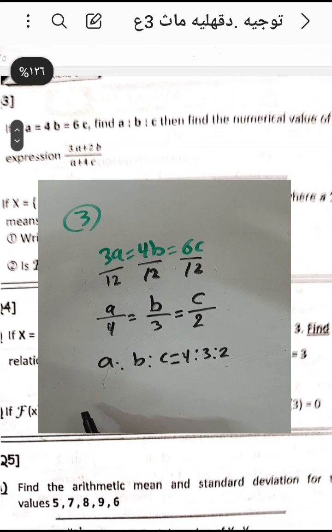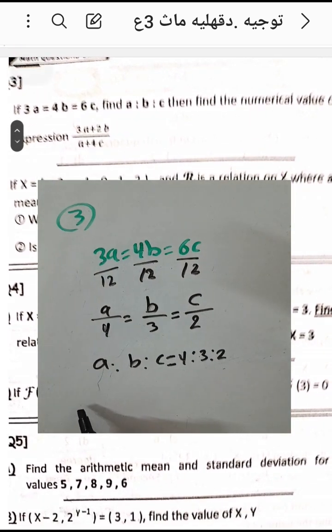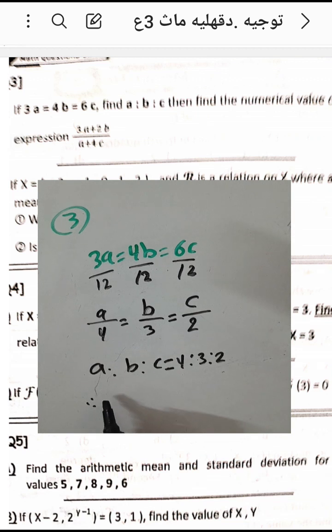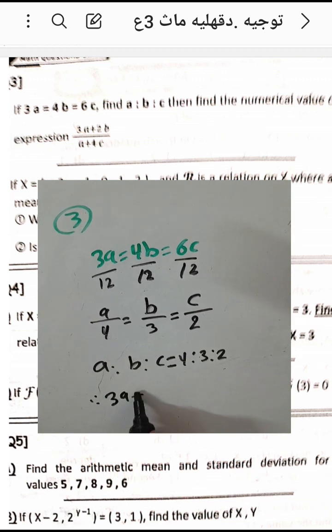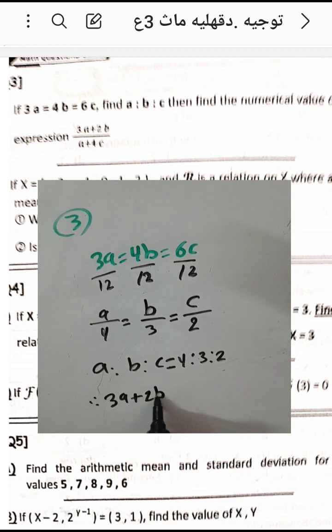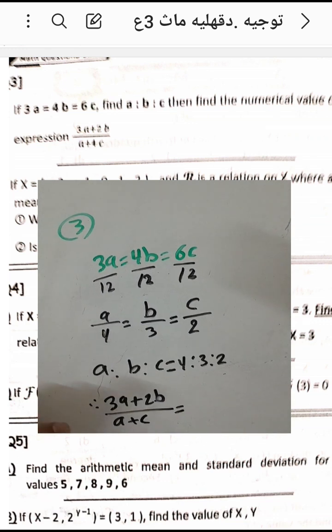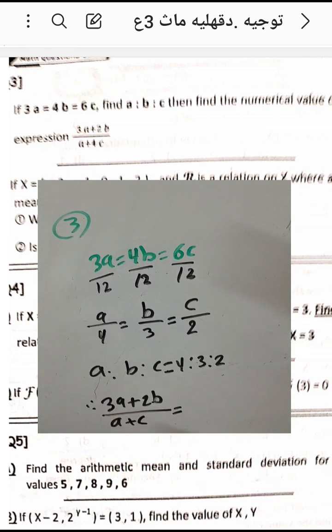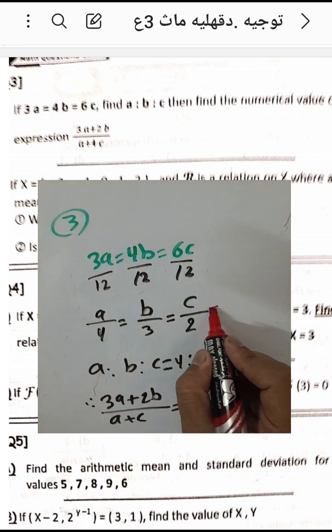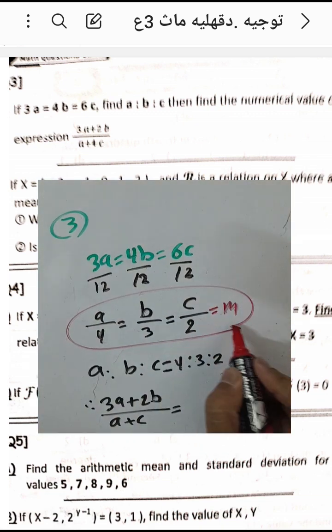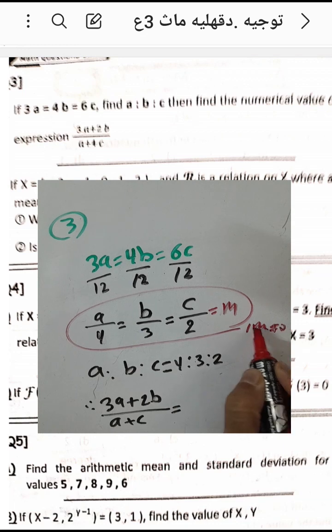And then you want to find the numerical expression 3a plus 2b over a plus c. We can put a known value such as m, since we have the ratio here, put m, and m not equal 0, it's a constant, okay?